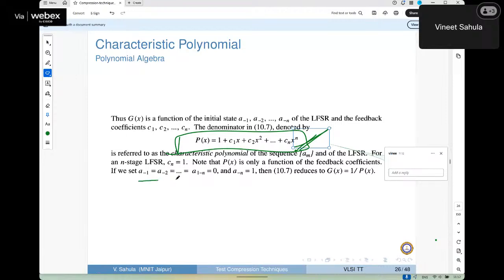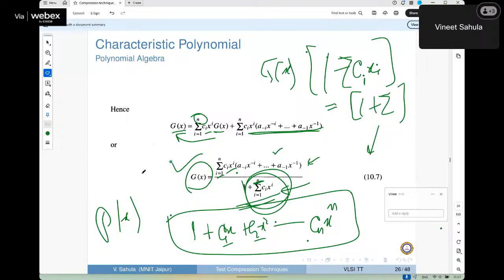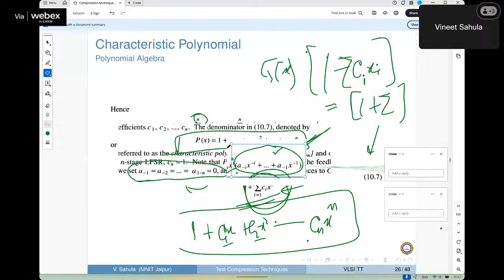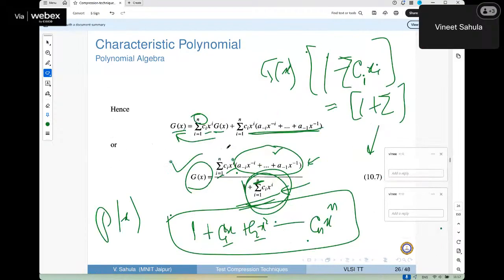If for initial state, every value is 0, you go back. This is your initial state. See it. This is your initial state. A minus I, A minus 1, up to A minus 1. Initial state.